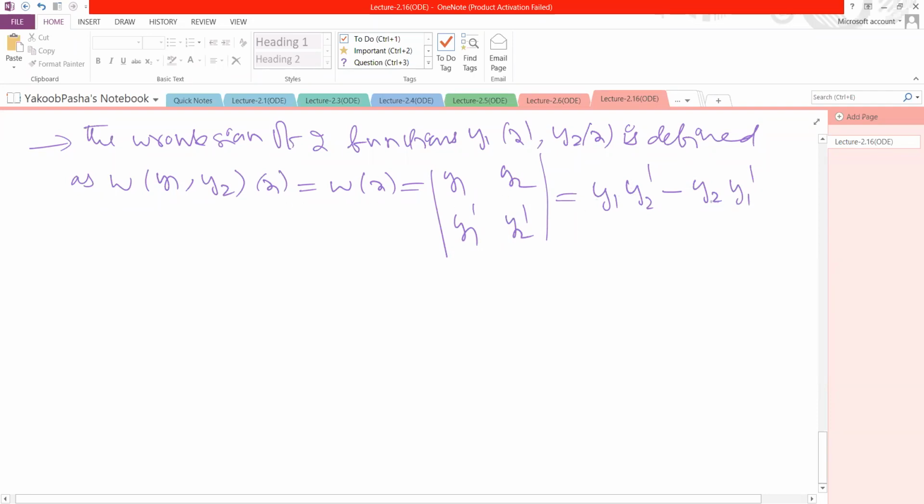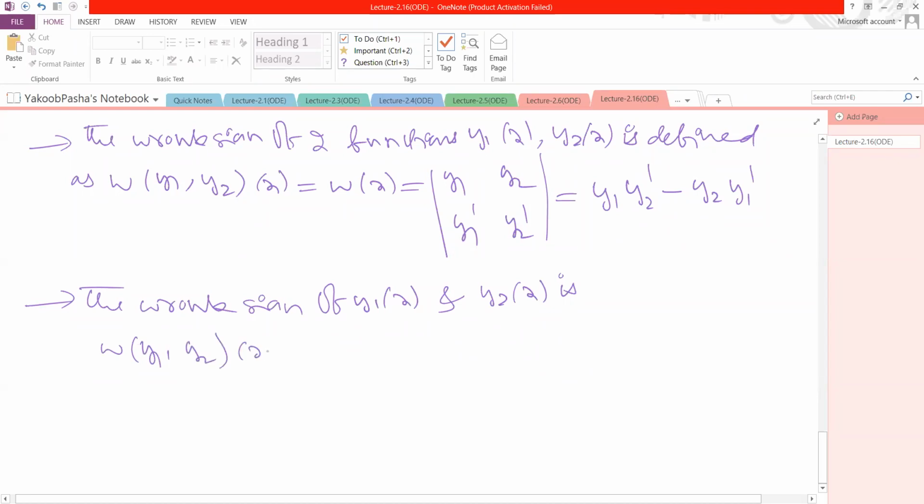You have to remember this as a formula. In a question with options, the correct option is: taking y1, y2 of x, the Wronskian is equal to y1 of x into y2 dash of x minus y2 of x into y1 dash of x.